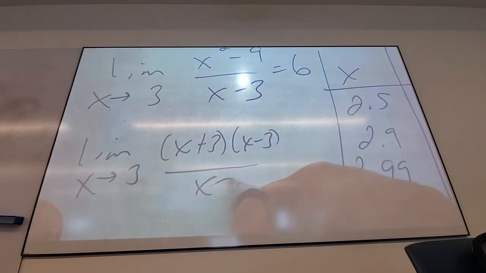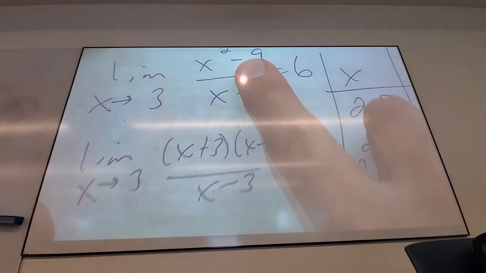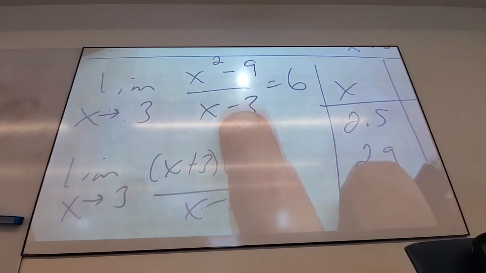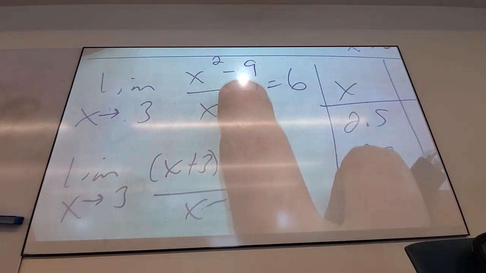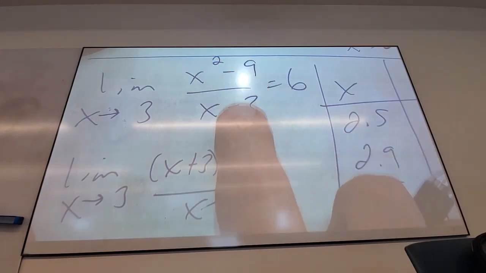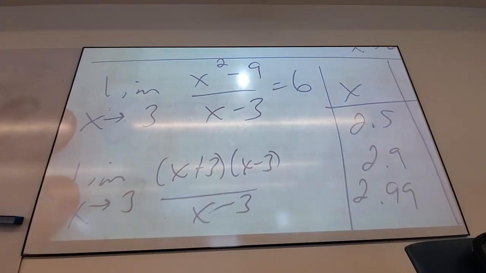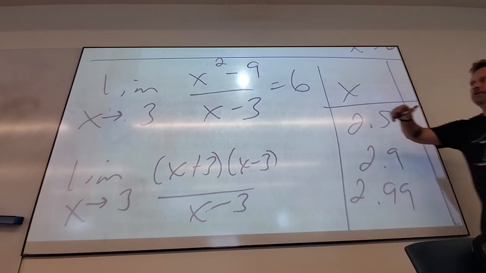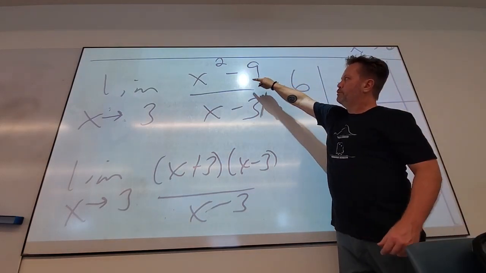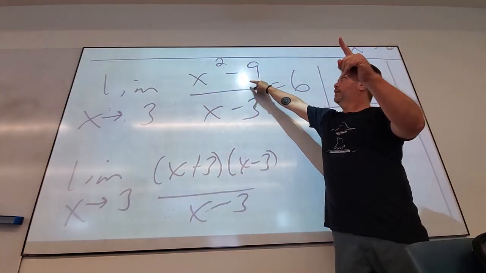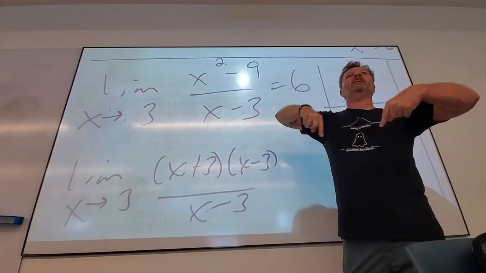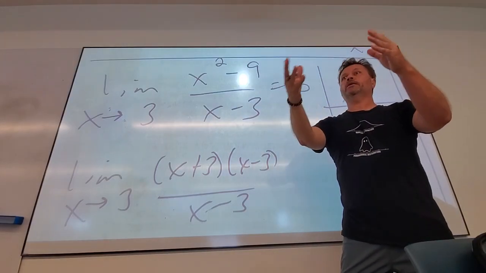And I should have said this earlier, but do you guys see why I can't just plug a 3 in here? If I plug in 3 in here, what do I get? You get the indeterminate. 0 over 0, which is worse than undefined. It's indeterminate. And that's one of my favorite words, because all that means is you cannot determine the answer in the form it's in. Maybe I can do some work to it, and then I can determine the answer.